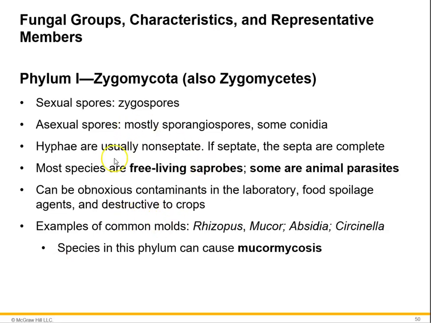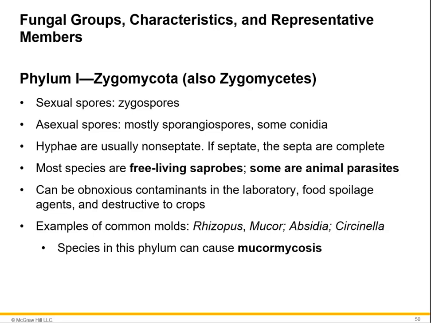Okay, there's a lot of information here. Most of it you don't have to worry about. Just know that in this phylum, there are very common molds, like bread molds, okay, like Rhizopus, Mucor. These molds are everywhere in the environment. Now, usually, if you're healthy, they don't bother you.